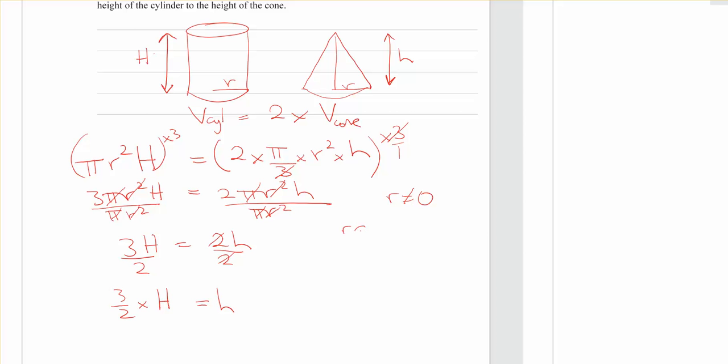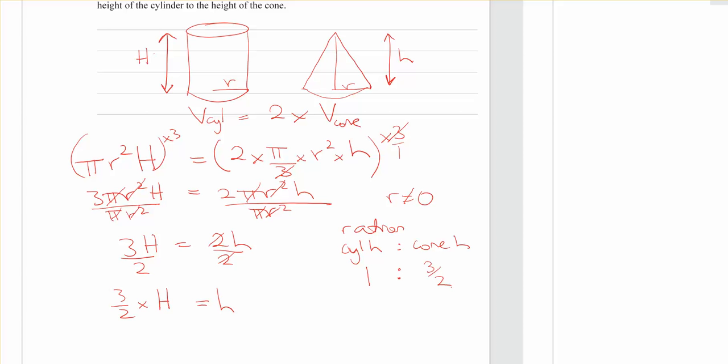So if we're going to write a ratio of the height of the cylinder to the cone height, I can see that if the height of the cylinder is 1, the cone height would be 1.5, or 3 over 2. It's 1.5 times taller.